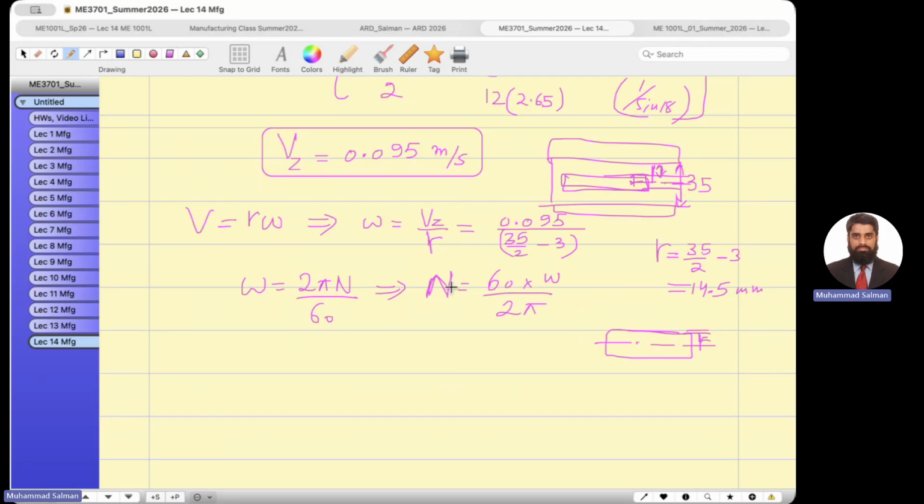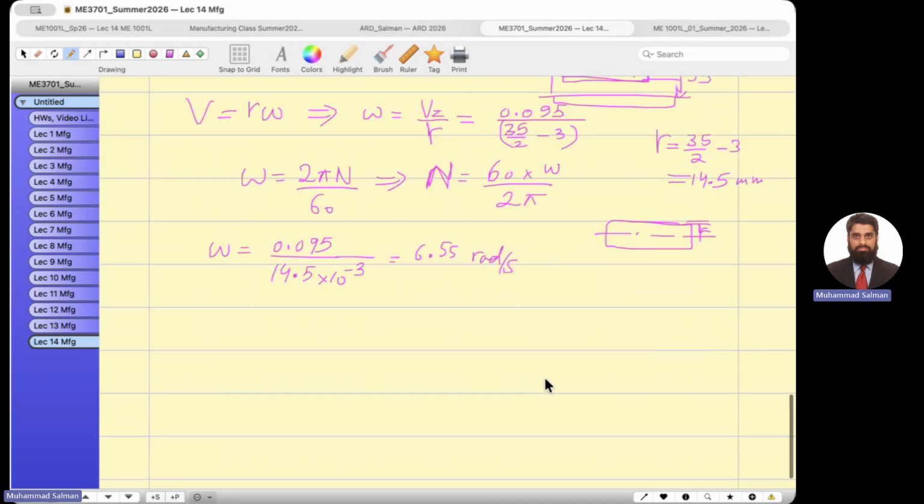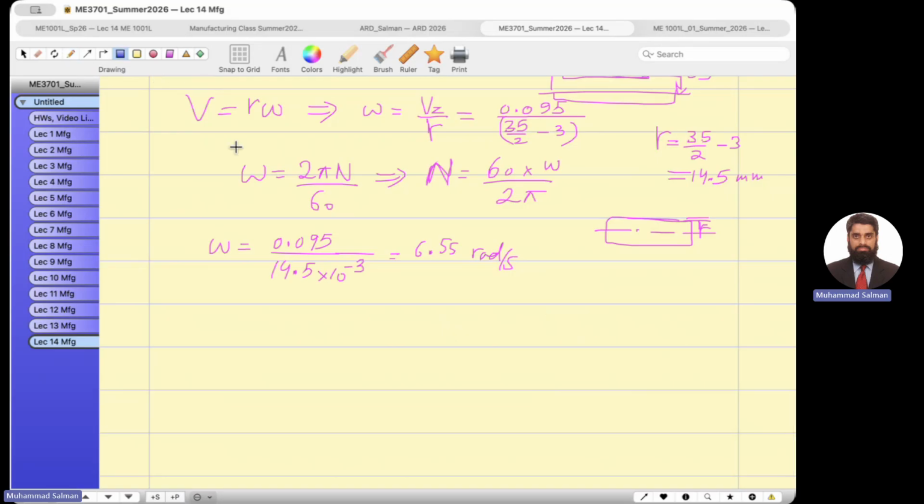Agreed? So if you do the math, omega becomes equal to 0.095 divided by 14.5 times 10 to the power negative 3, which is equal to 6.55 radians per second. Now let's use this formula. Omega equals 2 pi n over 60. So I can write down 6.55 equals 2 pi n over 60.